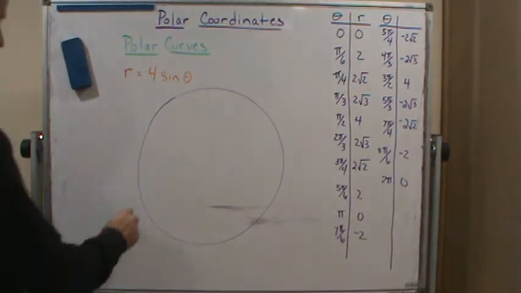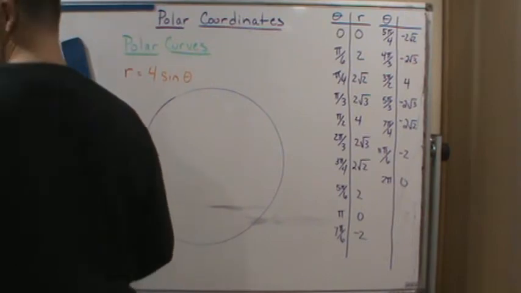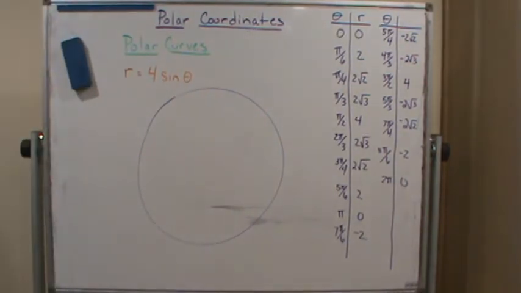Okay, so there's our circle, our radius. Well, how do we want to do this?